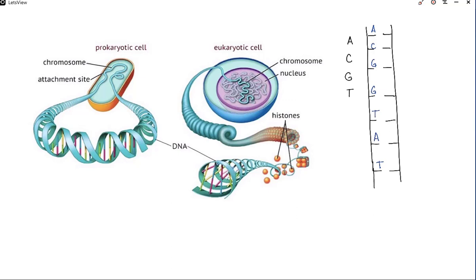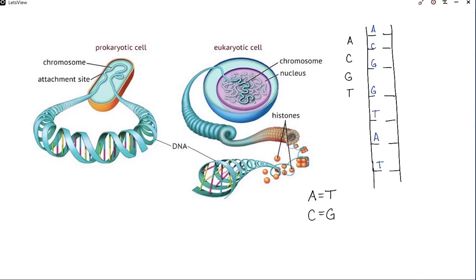And we know from base pairing rules that A always pairs with T and C always pairs with G. And the cutesy way to remember that is the curves always go together. So C and G both have curves in them, they go together. A and T have straight lines, and so they go together.